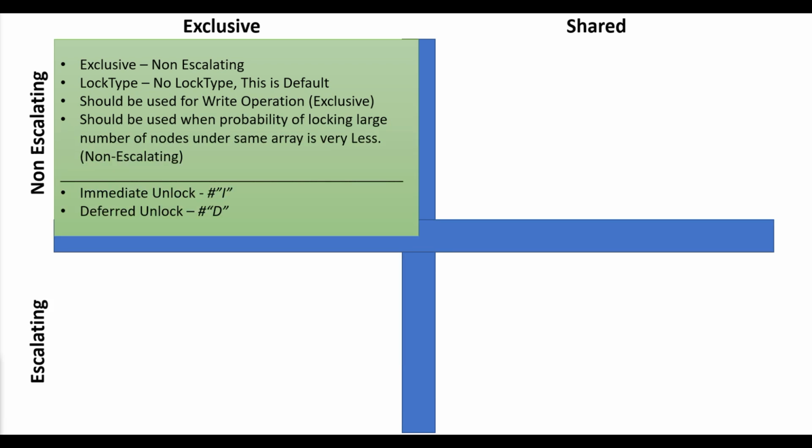We will be discussing this in detail in upcoming sessions. Since this is non-escalating, it should only be used where the probability of locking a large number of nodes under the same array is very low. Again, we will be discussing this in detail in upcoming sections.